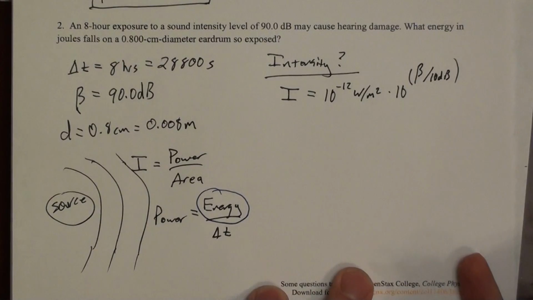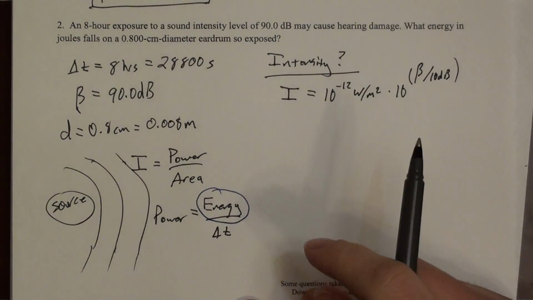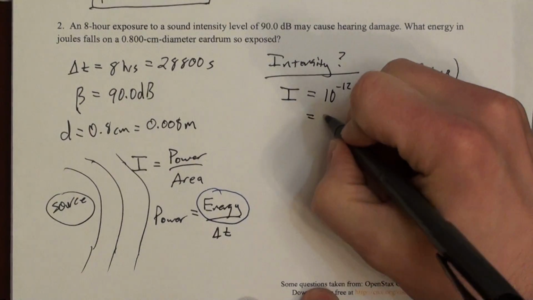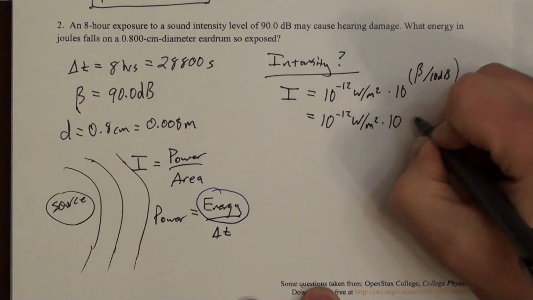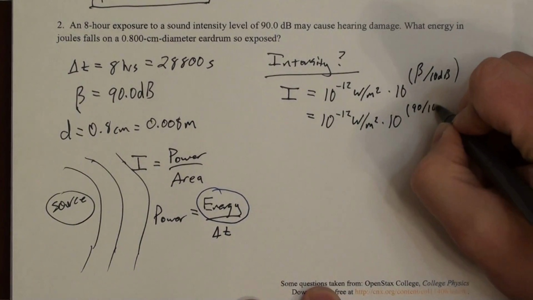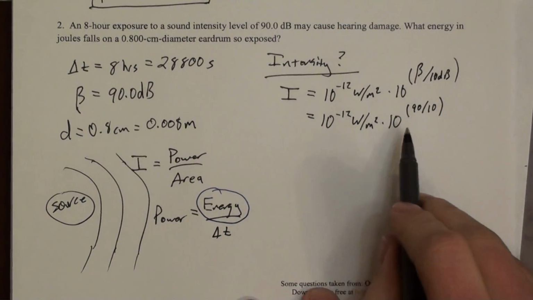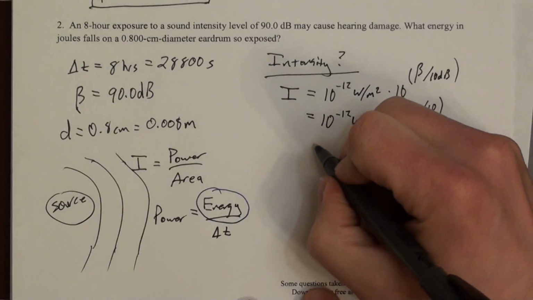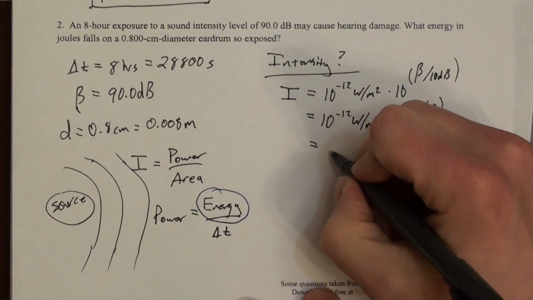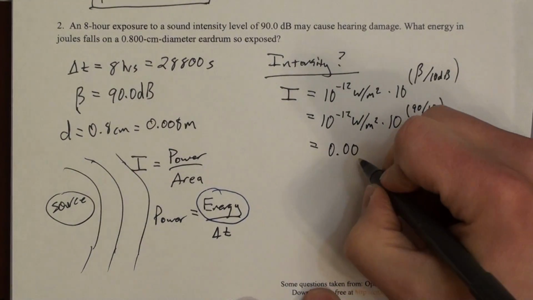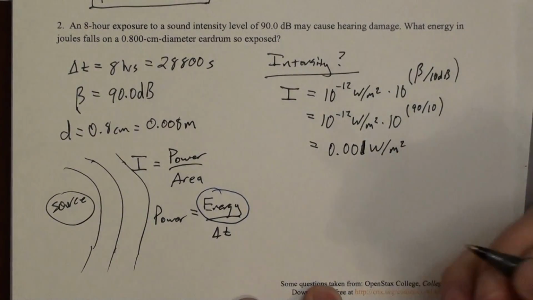That's just what I get when I turn the equation that I gave in the previous problem around. So just plugging into that, 10 to the minus 12 watts per square meter times 10 to the 90 over 10. So what I have here is 10 to the minus 12 times 10 to the 9, which becomes 10 to the minus 3, or I'll just write it as 0.001 watts per square meter.